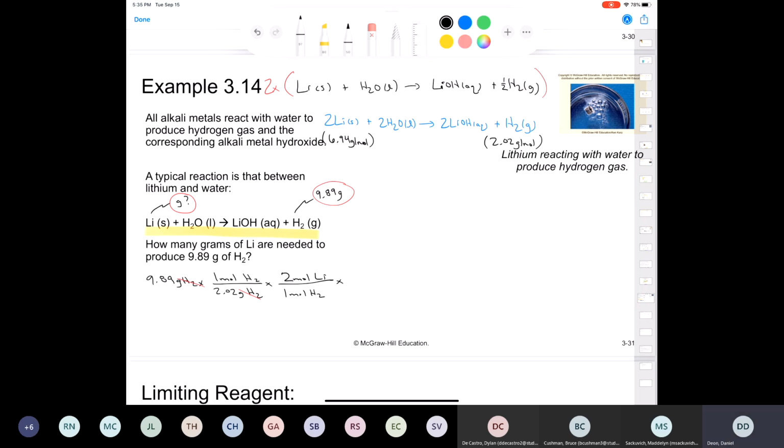Moles of H2 cancel out. Now they're asking me for the mass in grams of lithium, so I'm going to use the molar mass of lithium, which is 6.94 grams of lithium in 1 mole of lithium. Look at this, moles of lithium cancel out. Is this a beautiful thing or what?